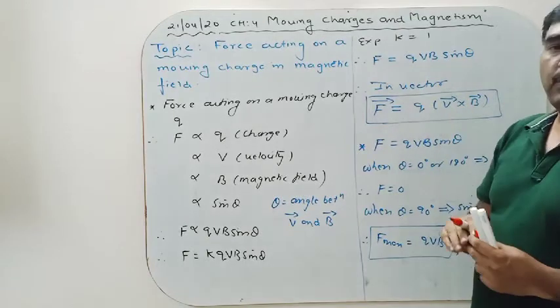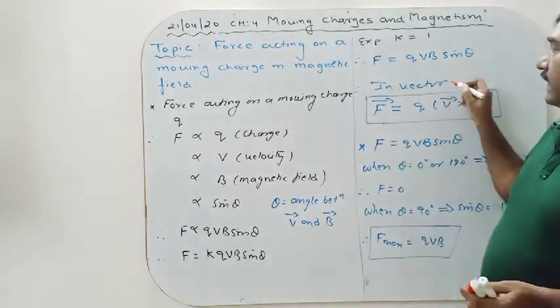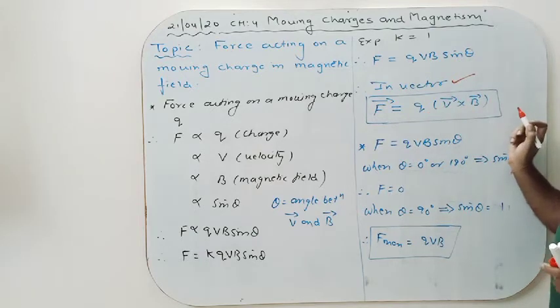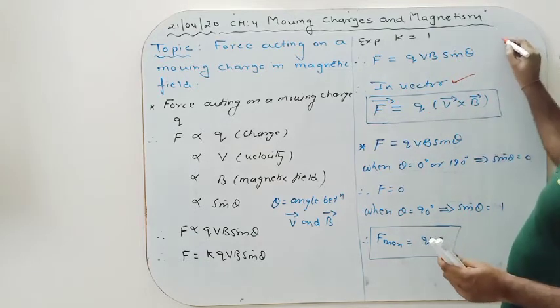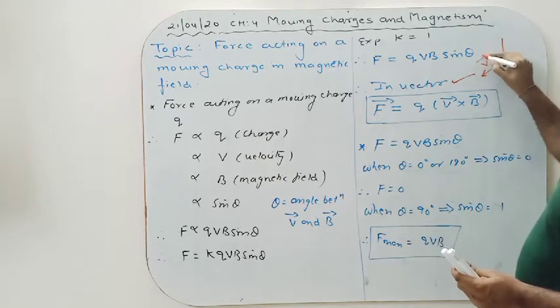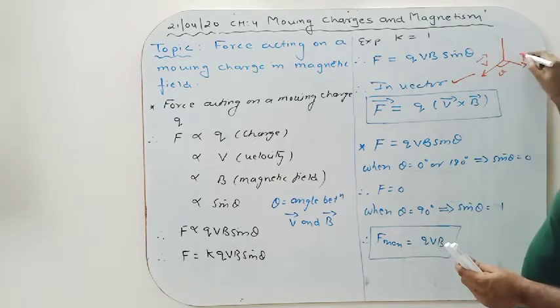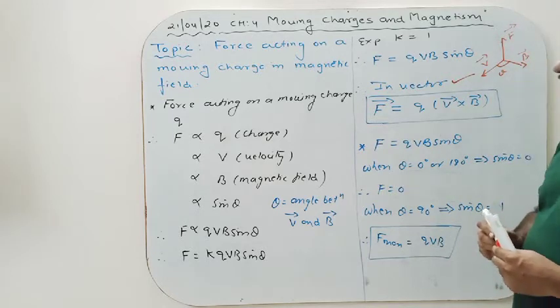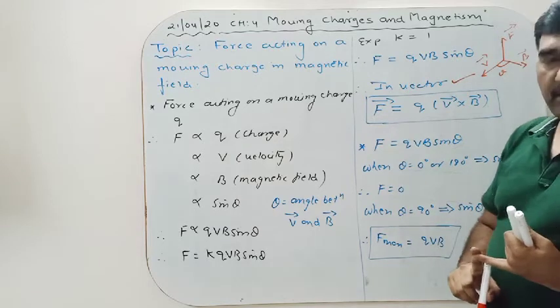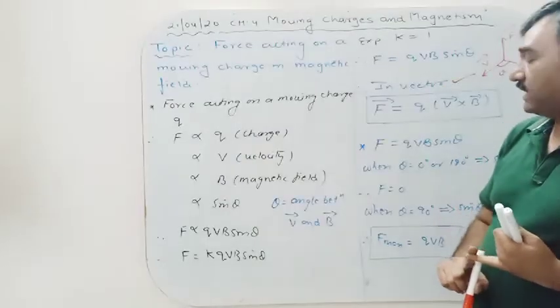Therefore F is equal to QVB sin theta, or in vector form F is equal to Q V cross B. Suppose this is the velocity vector, this is theta, and this is the magnetic field, then this is the direction of the force. The force is perpendicular to both the velocity vector and the magnetic field vector.